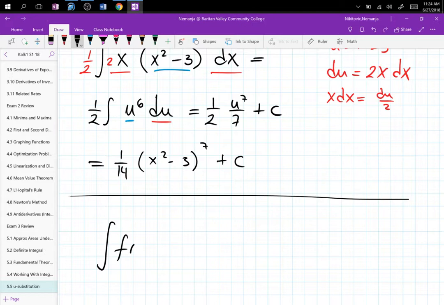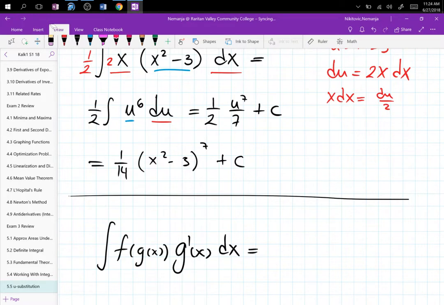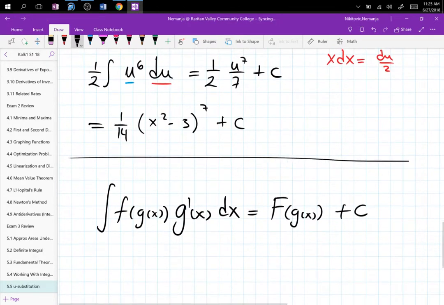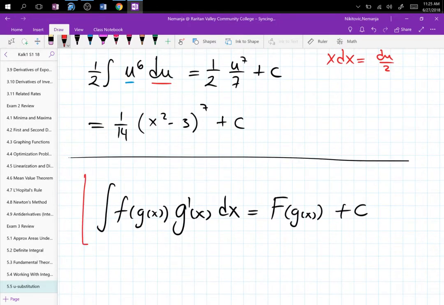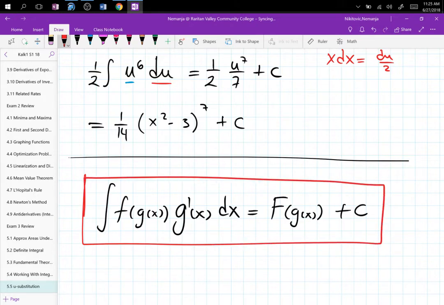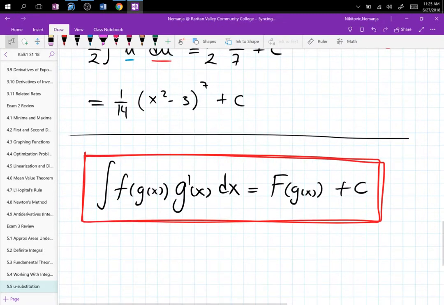So the integral of the function composition times the derivative of g is equal to the antiderivative with g plugged in, plus c if you want to. So this is the formula for u sub.